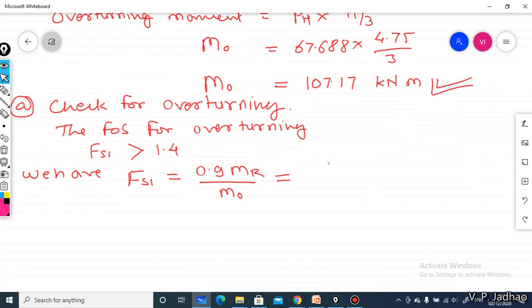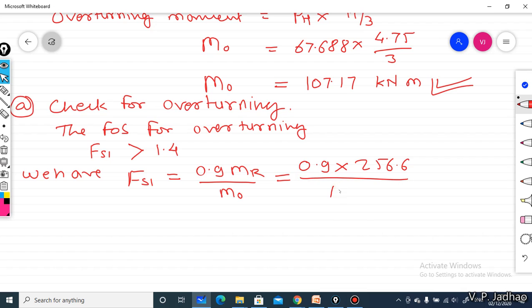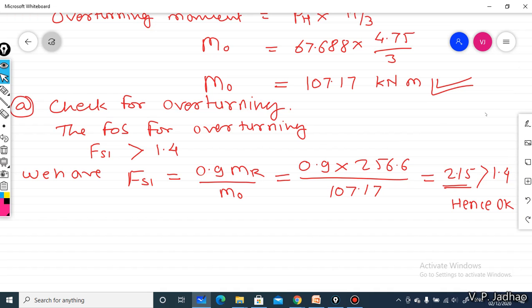So this factor of safety comes out to be 0.9 multiplied by 256.6 divided by 107.17, which is 2.15. This is more than 1.4 and hence okay. So this particular retaining wall is safe in overturning.